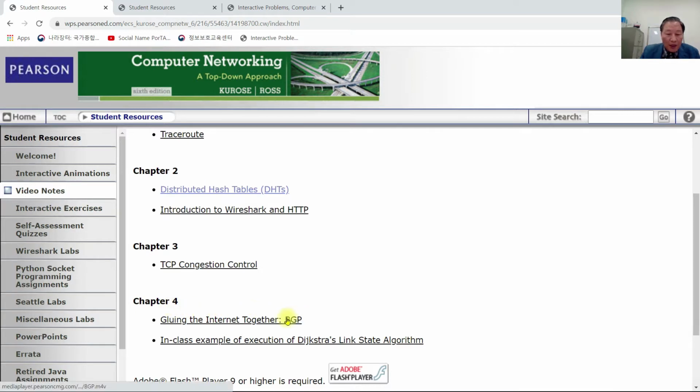Thus today's topic about BGP, that is Border Gateway Protocol, is introduced here. So you can refer to this video note. Also, if you are interested in Dijkstra's link state algorithm, then you can refer to these video notes. Those are explained by the authors.